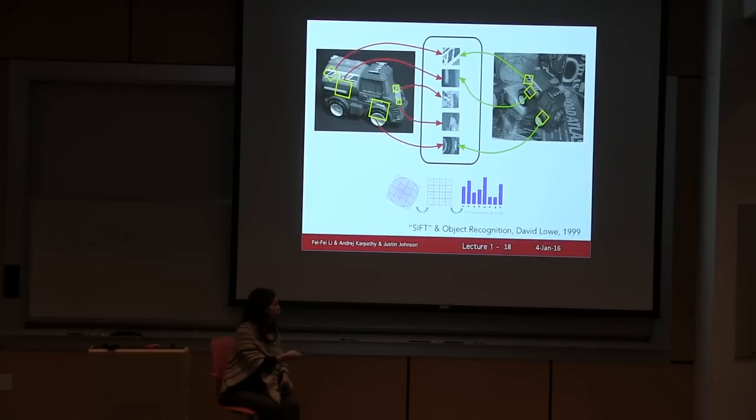So the historical importance of this work should not be diminished. This work is the intellectual foundation, one of the intellectual foundations for us to realize how critical or how useful these deep learning features are when we learn them.